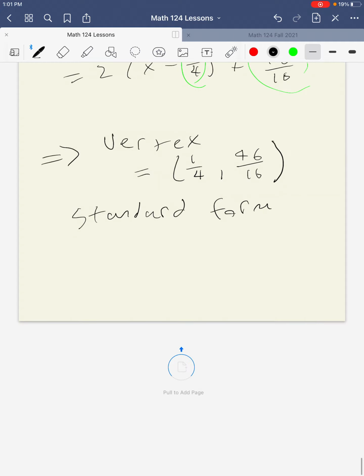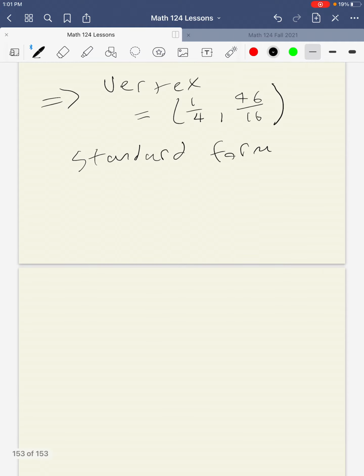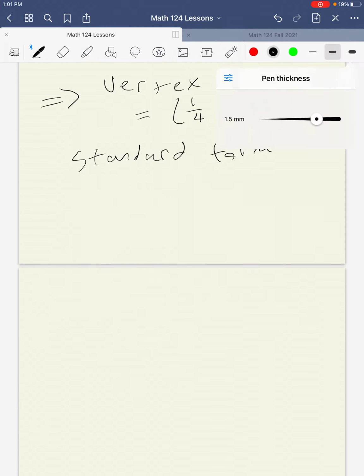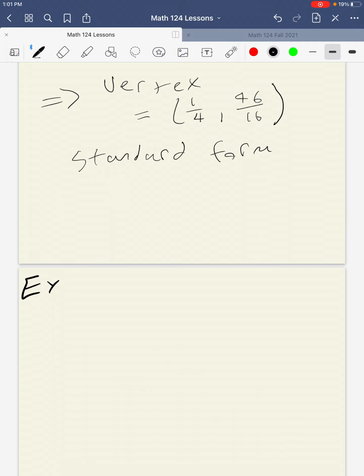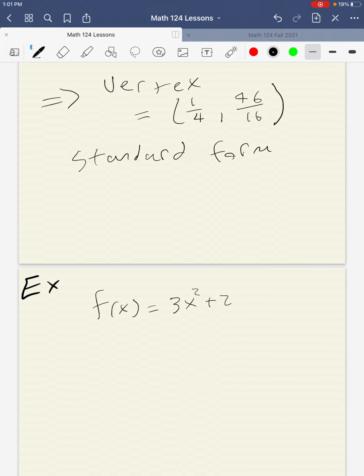Okay, so another example, just to get some more practice. Let's consider the following quadratic equation. Say f of x is 3x squared minus, let me do a 6x plus 1.